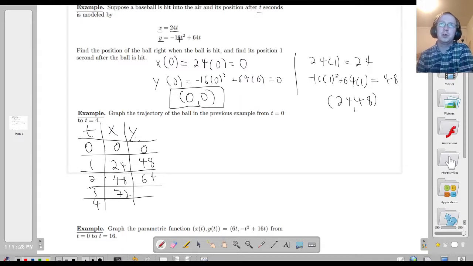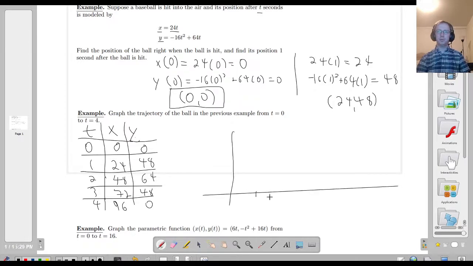And if I plug in 3 for t in the y equation, that's going to come out to 48 again. And then finally, if I plug in 4 for t, it's 96, and then 0 for y. So let's go ahead and try to sketch this. I'm going to connect my dots, and we're going to see something new that maybe you haven't dealt with before. Okay, so these are evenly spaced.